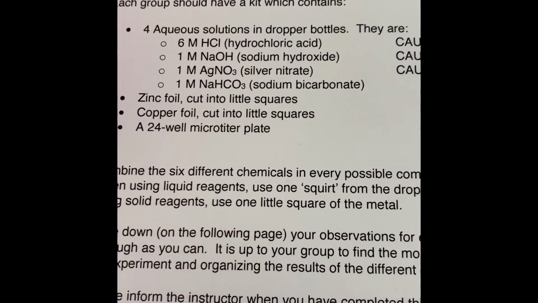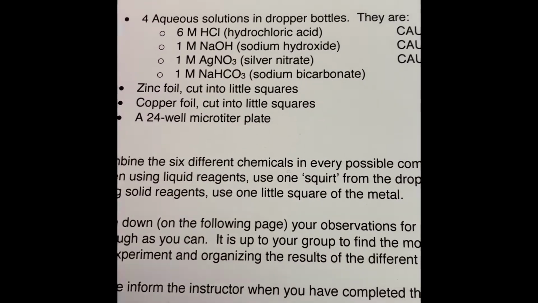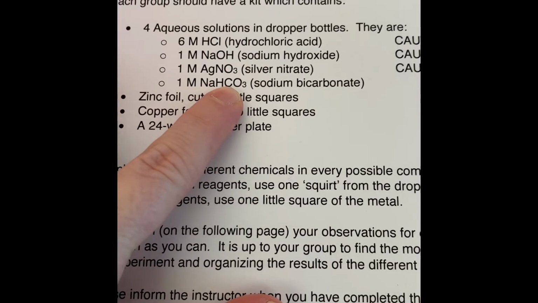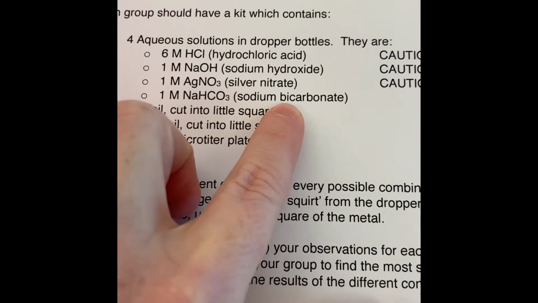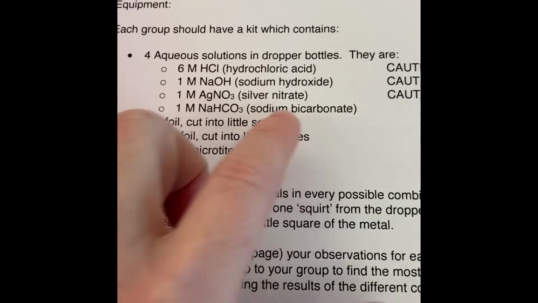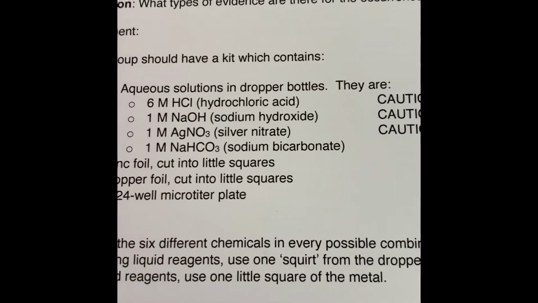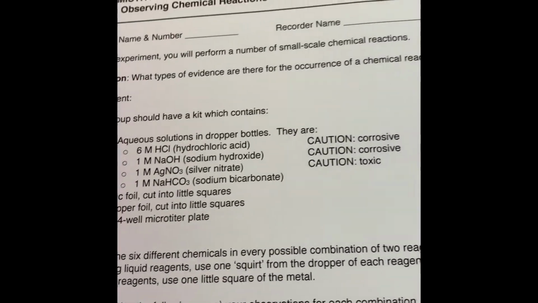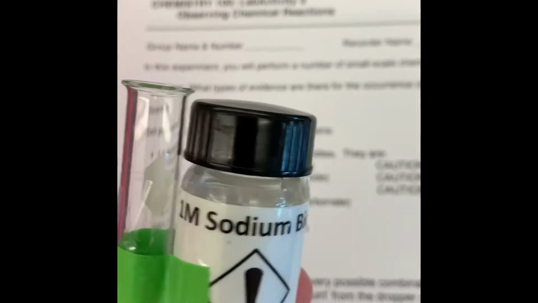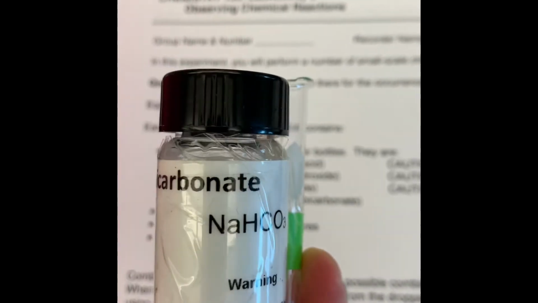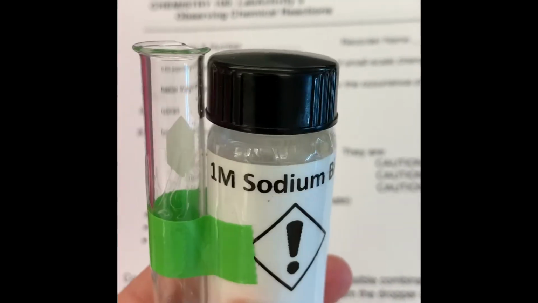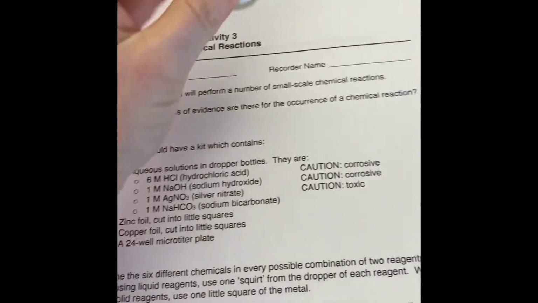All right, next thing is 1 molar sodium hydrogen carbonate. A common name for it is sodium bicarbonate. Either one is fine. And here is that right here. Another word for this chemical is baking soda.